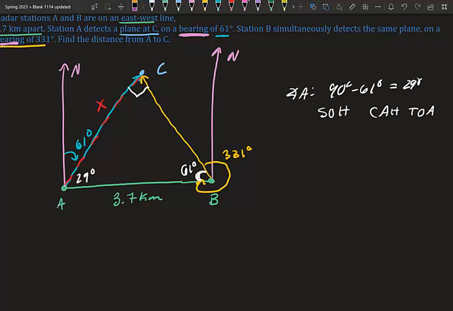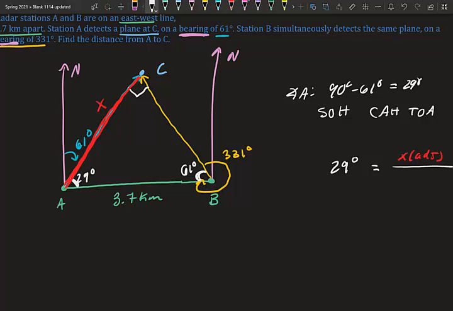All right, so now let's find our missing side. We found angle A because it's complementary, so we're going to be using 29 degrees. What we need to find is the side adjacent to that angle, that's x.